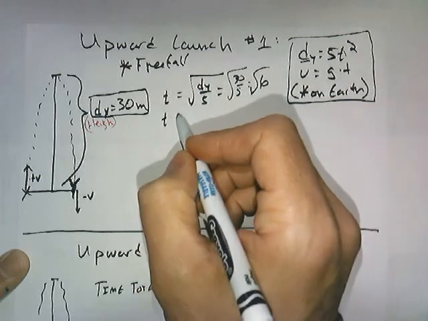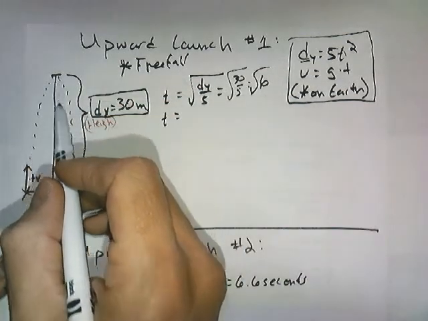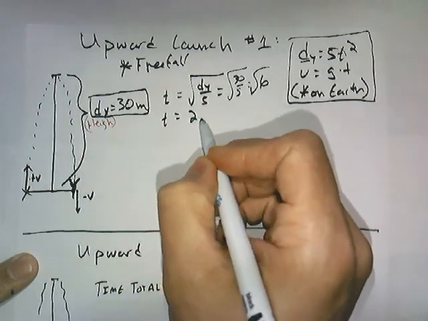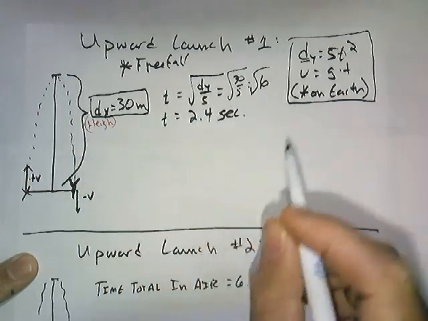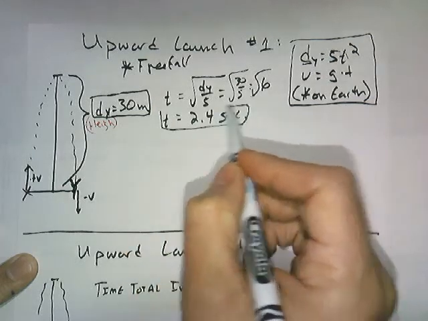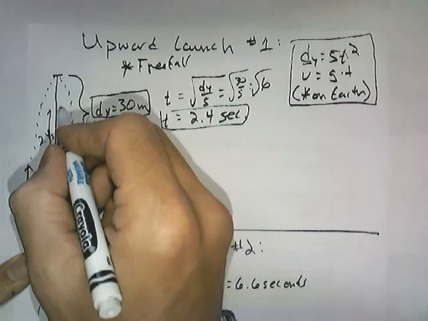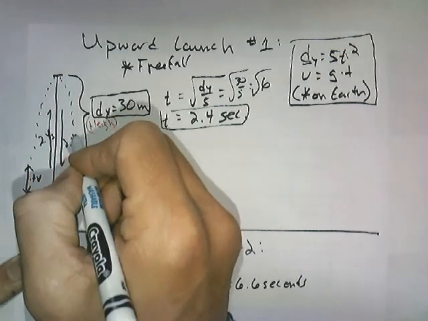You'll find that the time to reach this highest point is 2.4 seconds. In other words, it took 2.4 seconds to travel up and 2.4 seconds to travel down.